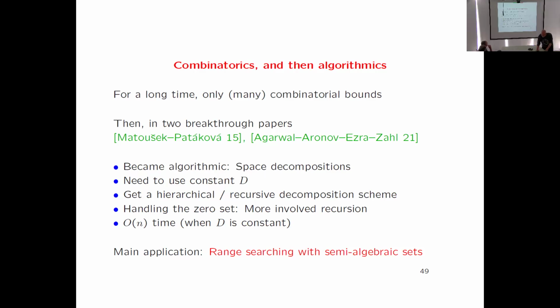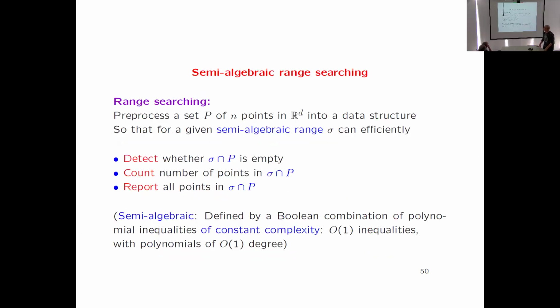Let me just say what the problem is. So range searching is that I give you a set of points in d dimensions, and I want to pre-process it into a data structure, so that if I give you a query region, a ball, a half space, a cylinder, you can quickly tell me how many points lie in the region, or whether it contains any point, or to report the points.